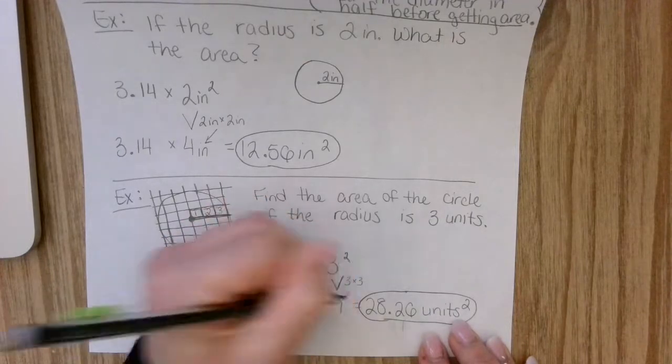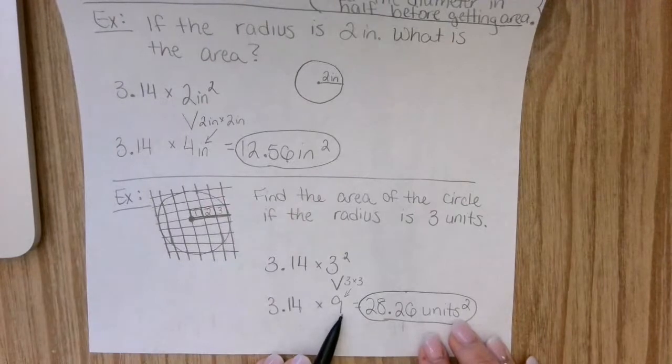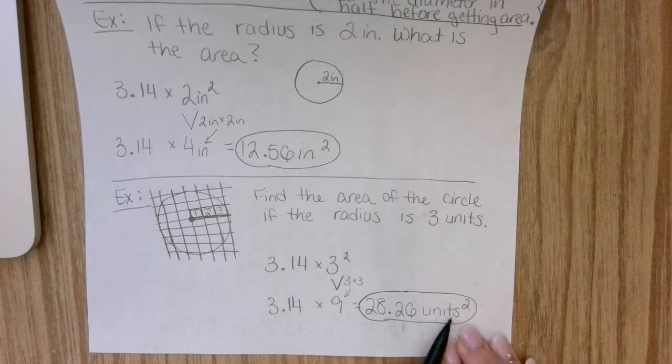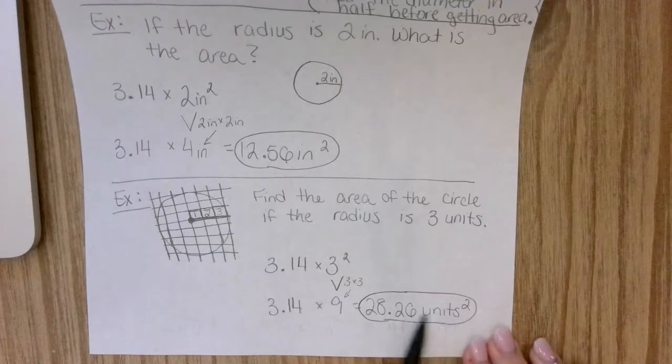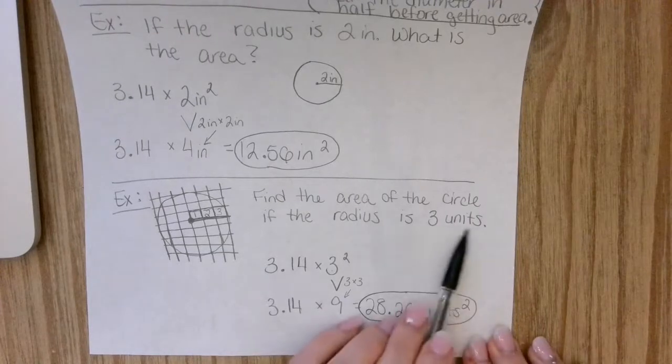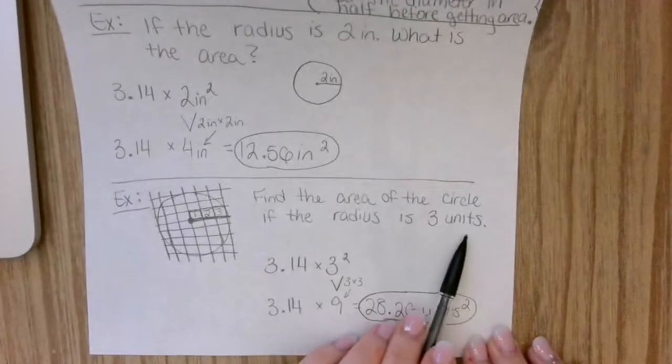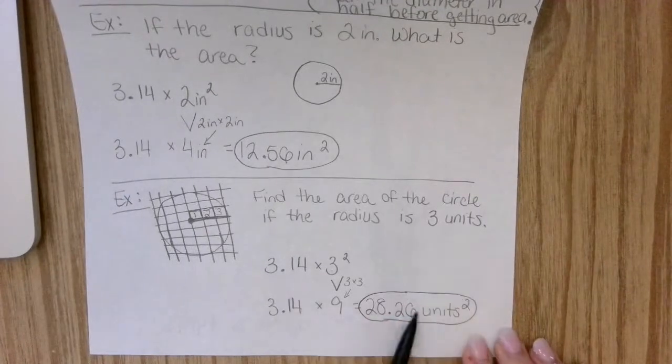So 3 times 3 gives me 9. Then I'm going to take that 9 and multiply it by the 3.14. When I do that, I get 28.26 units squared. I put units because it doesn't tell me inches or feet or anything like that. It just says units, so that's what I'm going to put.